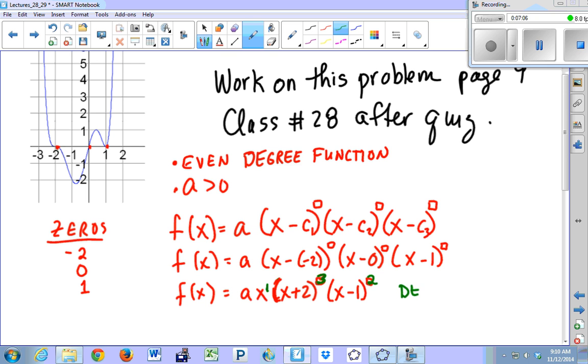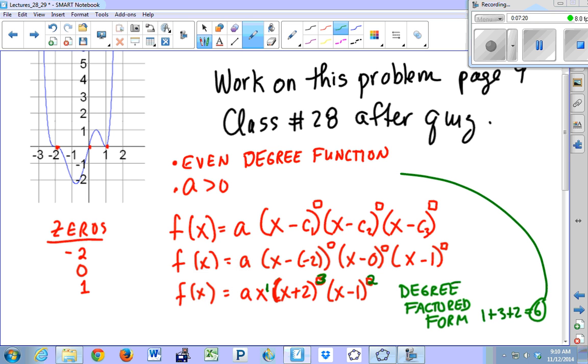You check your degree when it's in factored form. Again, your degree when it's in factored form is to simply add up your exponents. 1 plus 3 plus 2 is 6. You're happy because that agrees with your first idea of it being an even function. Okay, so it says give a possible equation.